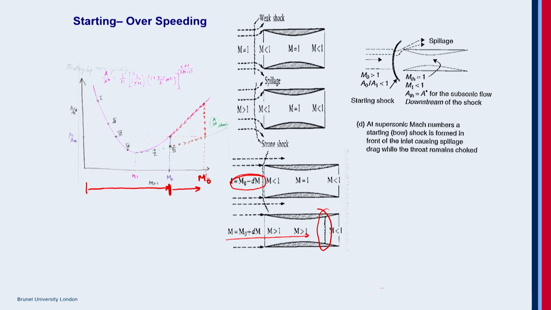Can you see this path? So you start from here, go all the way here, and then you overspeed it. Thereafter, you go up here because you reach an isentropic solution. So you are now in the isentropic solution.